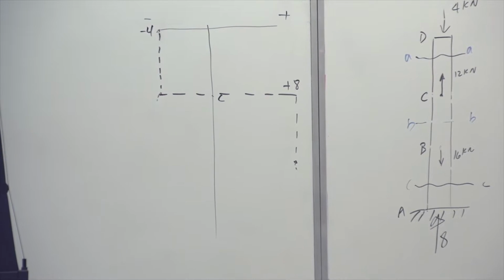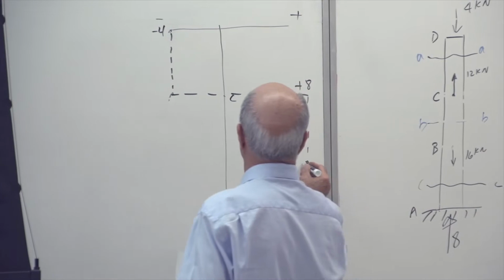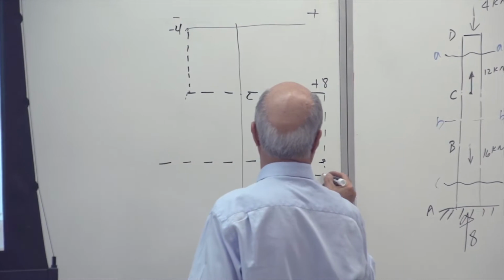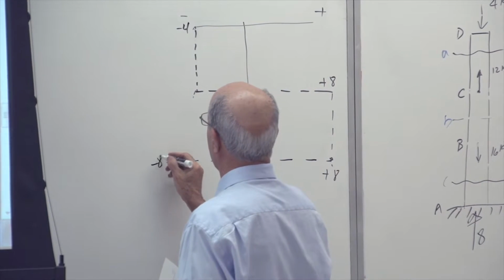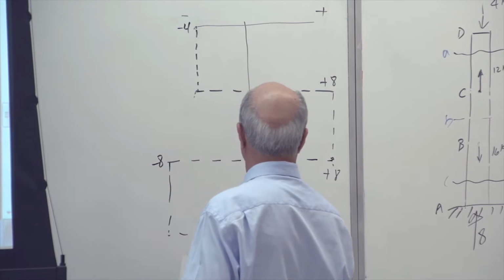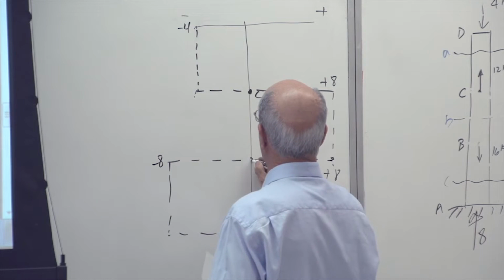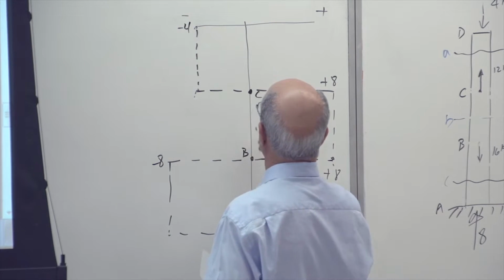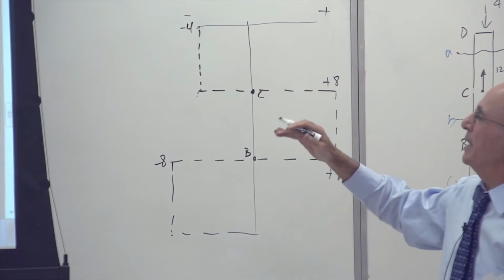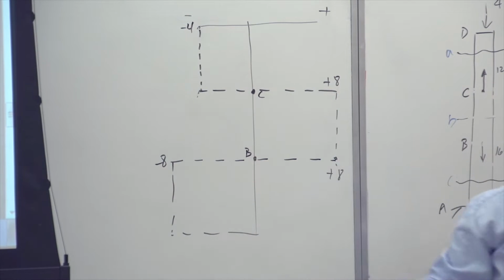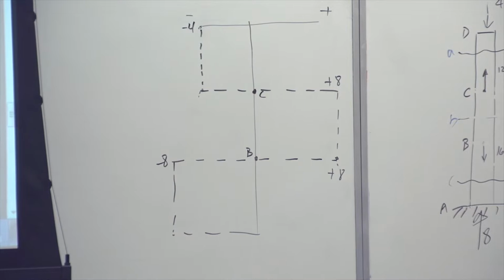Yes or no? Correct? So therefore, you go like this, negative 16 from plus 8, you end up with minus 8. Notice, if you are at C or at B, nothing shows there. You have to be an epsilon above or epsilon below. Everybody understand what happened?